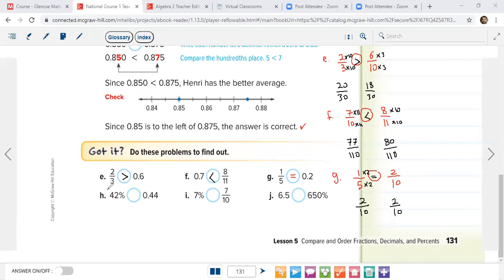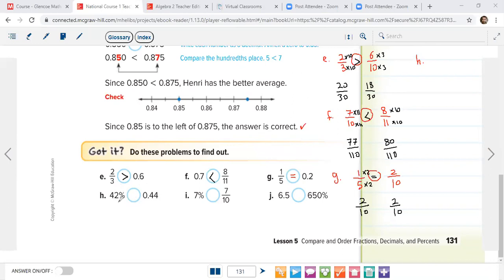Now let me take problem H. Problem H, I have here a percent and a decimal. And we all know that it's easy to transform decimal into percent or percent into decimal. I will transform this one.